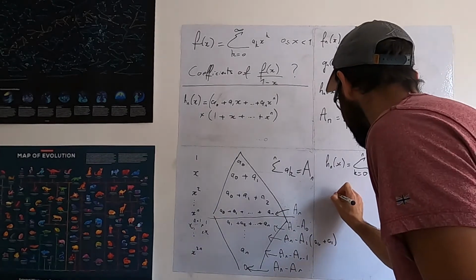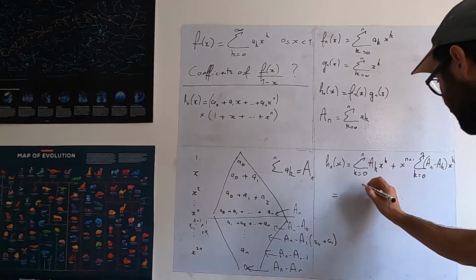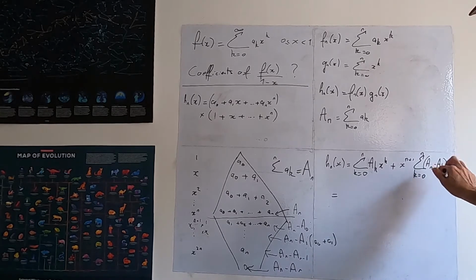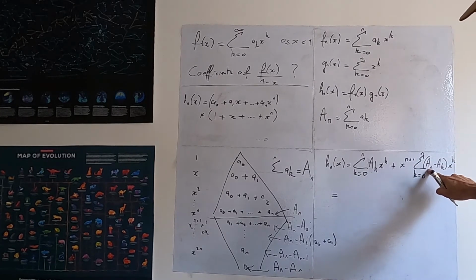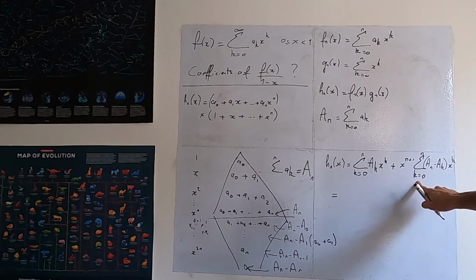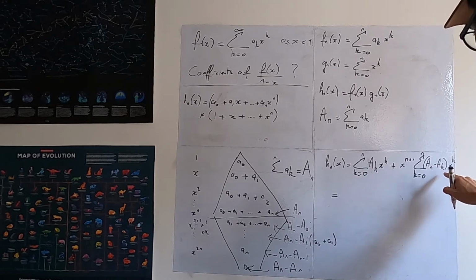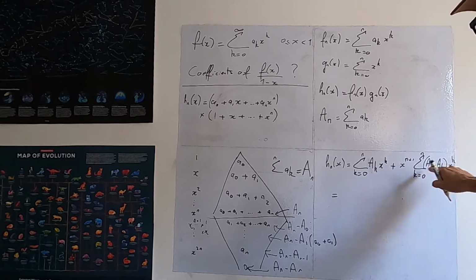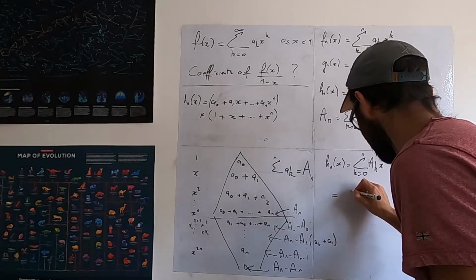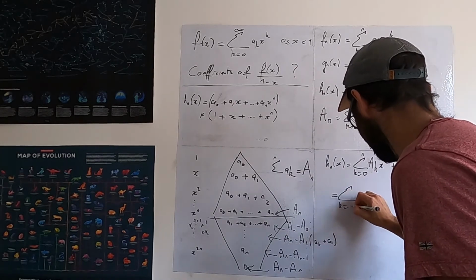Now if we rearrange this a little bit, we're going to get here this An, which we can take out because it doesn't depend on k, and this Ak x^k is the same as this. So let's just not rush it. I'm just going to write down the whole thing.